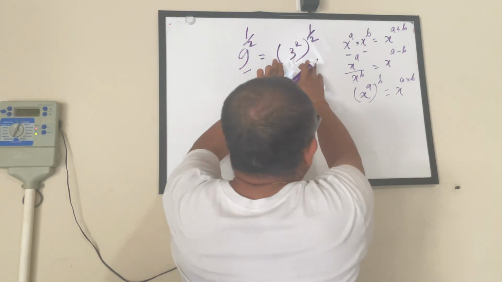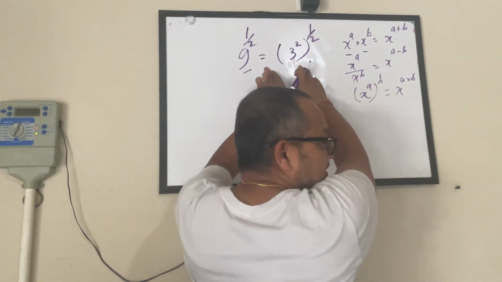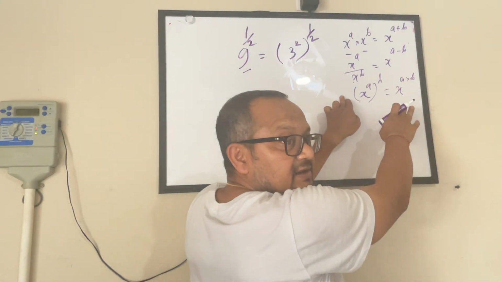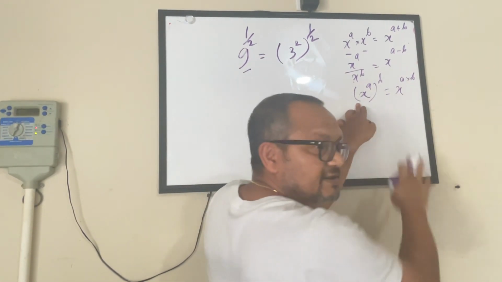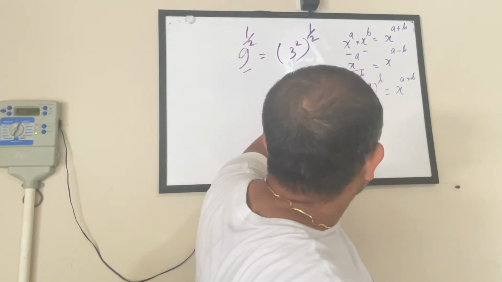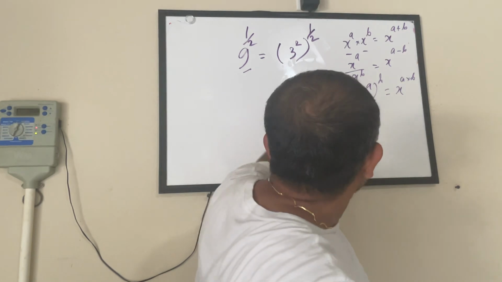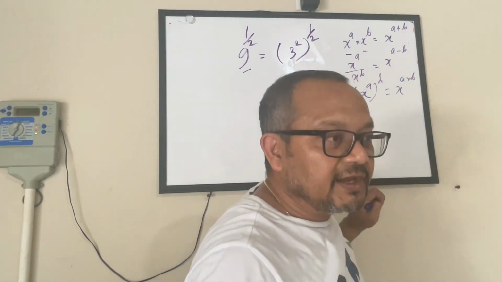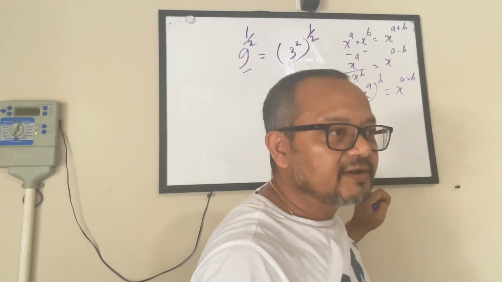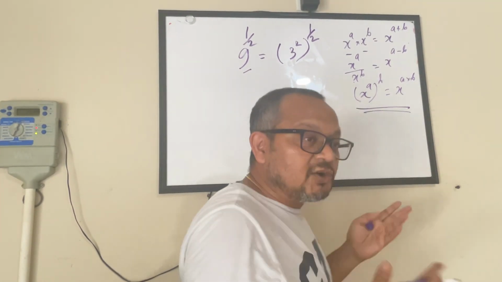Now you try relating this with this formula. Does this not look similar to this? Here 3 is x, a is 2 and b is 1 by 2. Now I can use this formula because I know it.